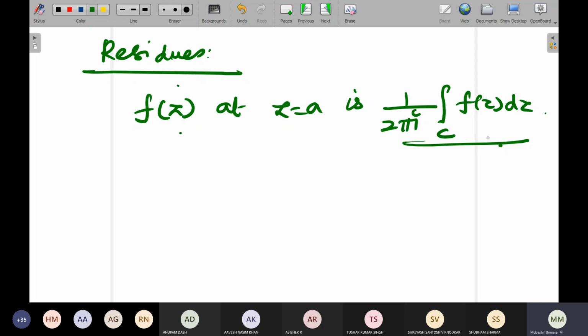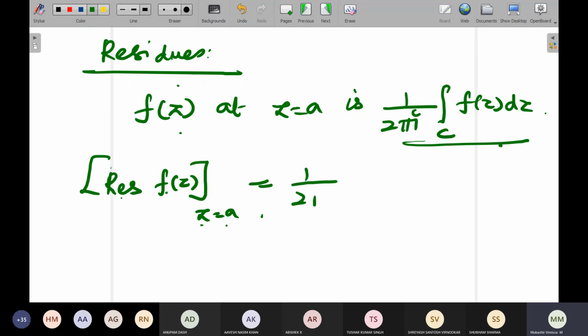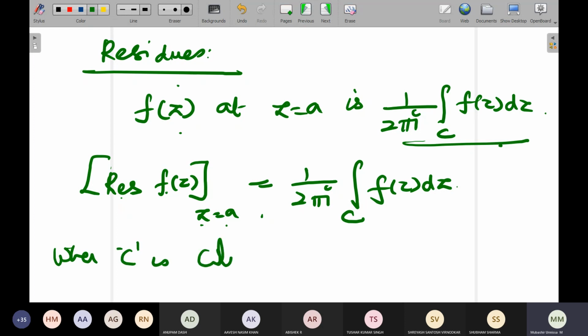I have not yet taken integration; when we do integration, we will use this again. Right now just understand the definition. In general we denote the residue by Res of f of z at z equals a. This is the notation. What is the value? It is equal to 1 by 2 pi i times the integral over c of f of z dz, where c is the closed contour.